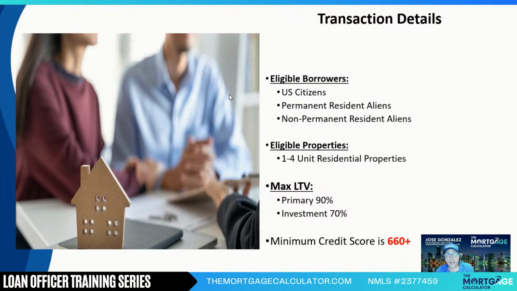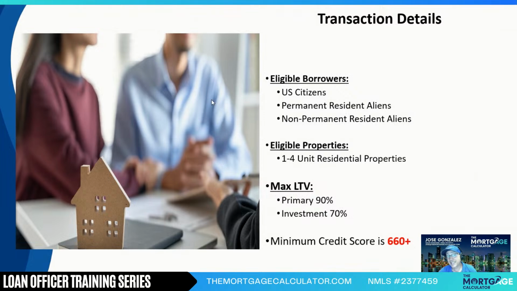They don't have a green card, a permanent resident alien card, but they will either have some type of a visa that gives them work authorization, or they may have an employment authorization document, a work permit, quote unquote. HE loans are not applicable for foreign nationals. Foreign nationals are not eligible borrowers for HE loans.